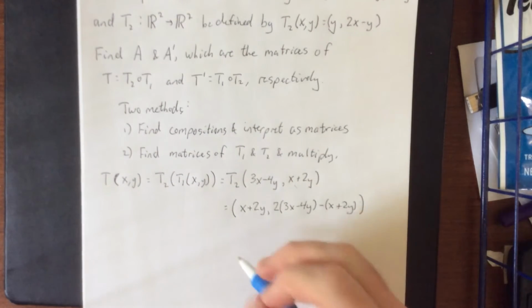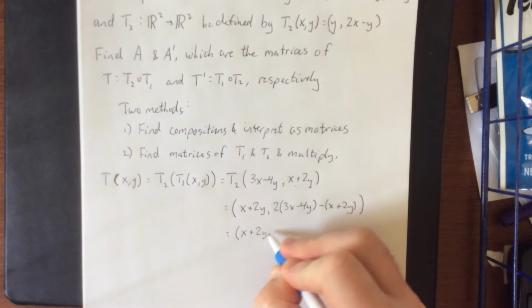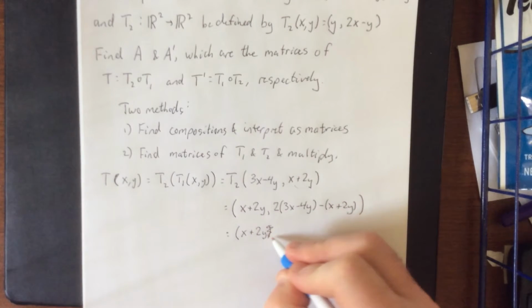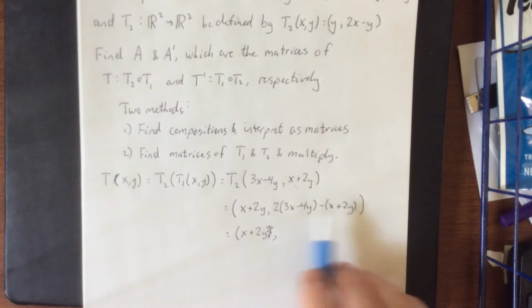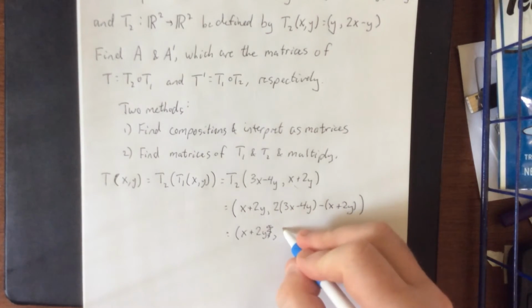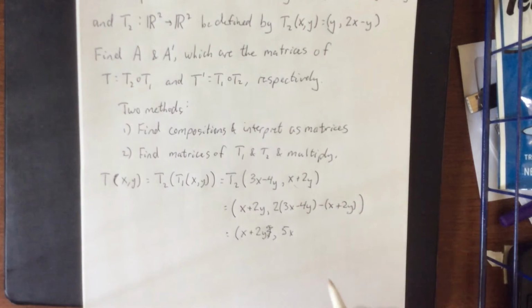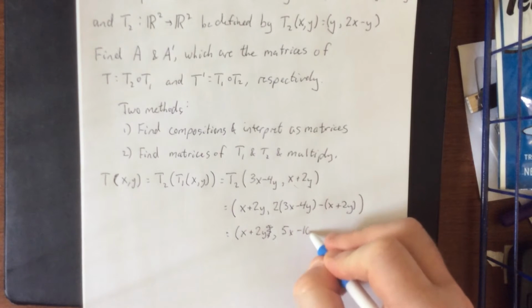Now when we put that together, first component is just going to stay as x plus 2y. Oops, that shouldn't be parentheses, that should be a comma. Then once we distribute and combine like terms, 2 times 3x minus x will be 5x. Then we'll have minus 8y minus an additional 2y, that'll be minus 10y.